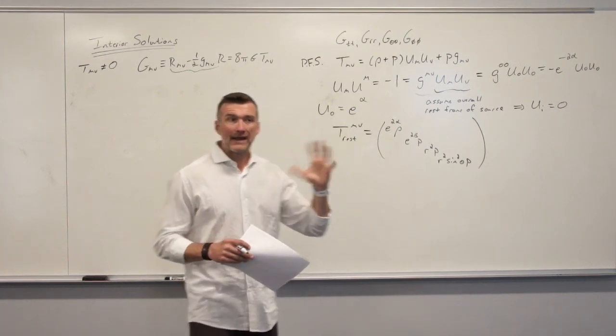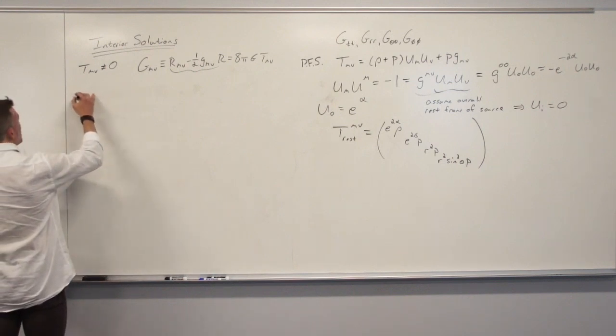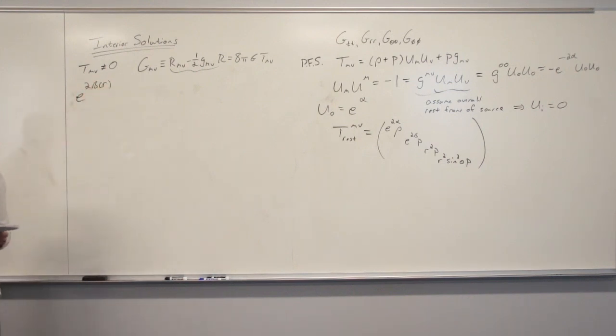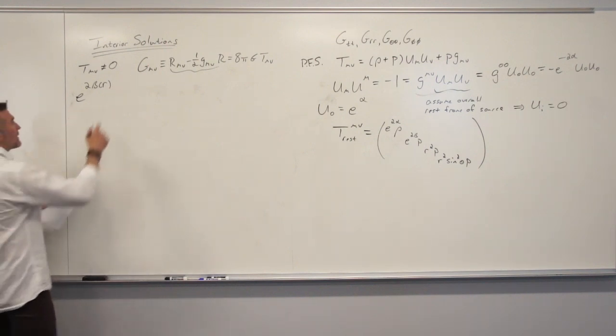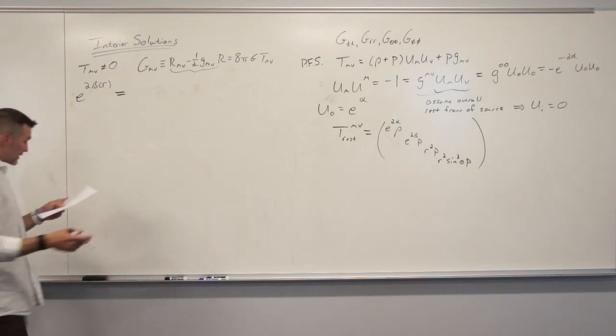So what I'm about to write down seems quite liberal, but it's very well motivated. Instead of working with this thing right here, which is currently an unknown, I am going to instead work in terms of the following unknown.